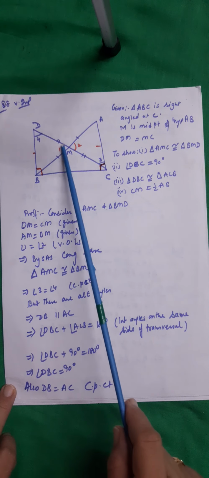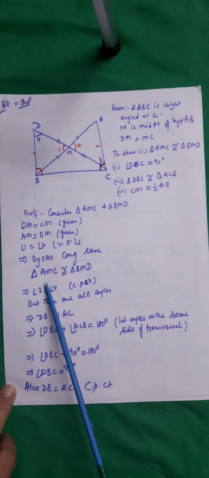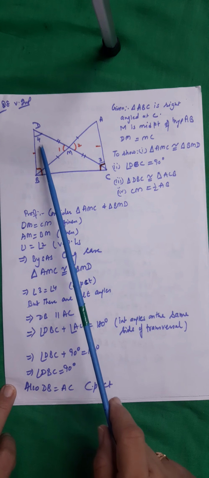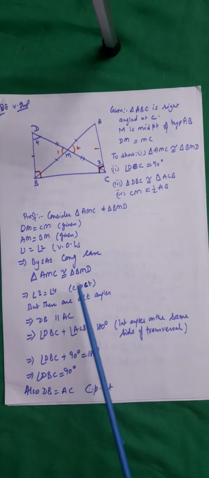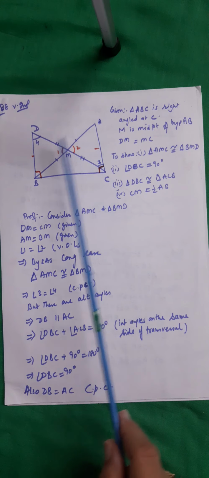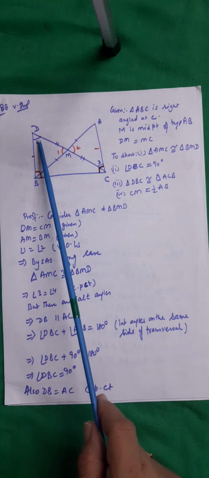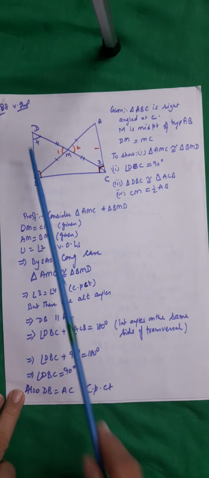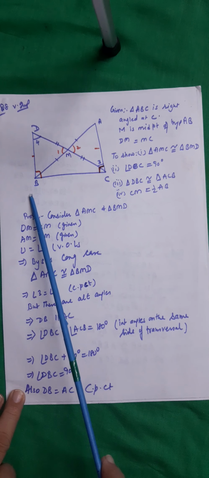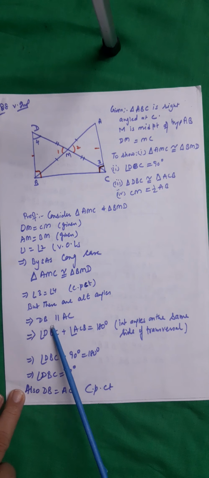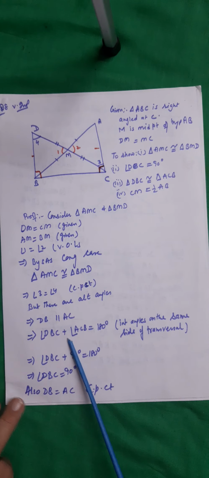Therefore, by SAS congruency case, triangle AMC is congruent to triangle DMB. So, if they are congruent, we can say angle 3 and angle 4 are equal. But these are alternate angles, which means that BD and AC are parallel.